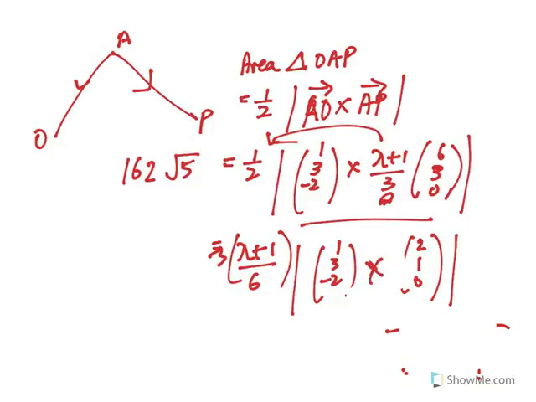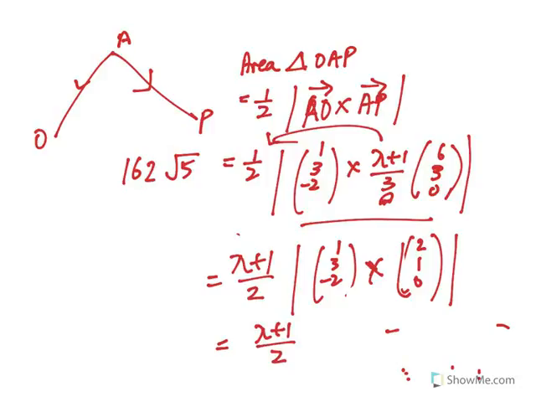Then I end up with 210, and here 3 over 6 becomes a half, so I end up with lambda plus 1 over 2. And over here, finding the vector product, I'm going to leave it to you. I'm sure you can do it by yourself. So I should have 2, negative 4, and 5.